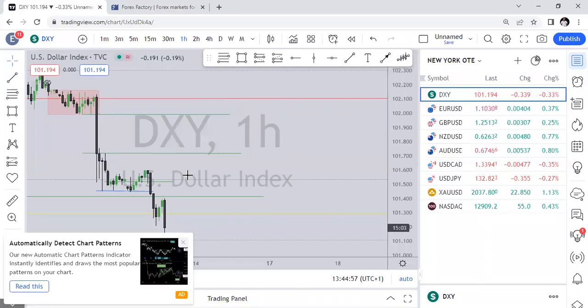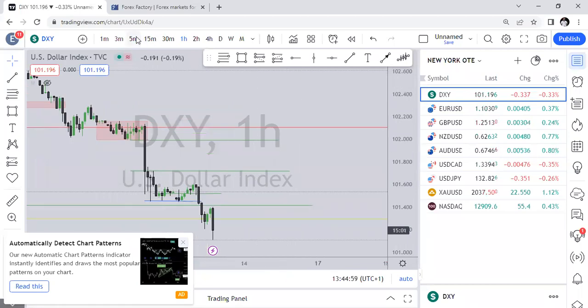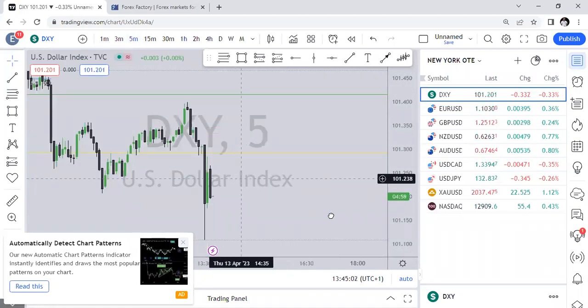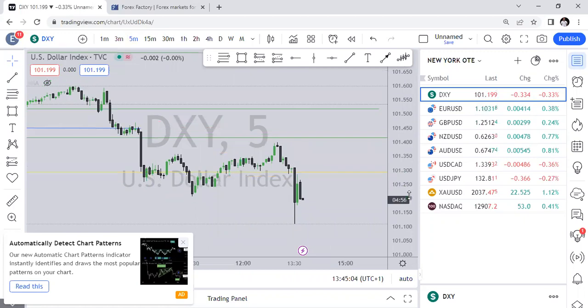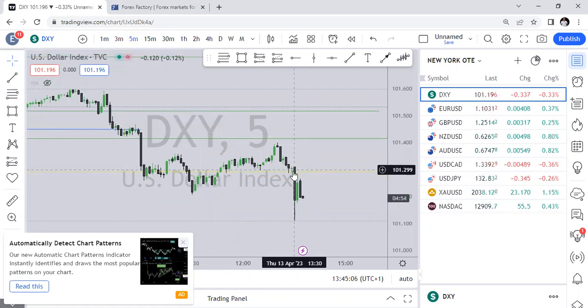As at when the news was released, the dollar was trading at this point by 1:30. Because the news was negative on the dollar, the dollar sold off.